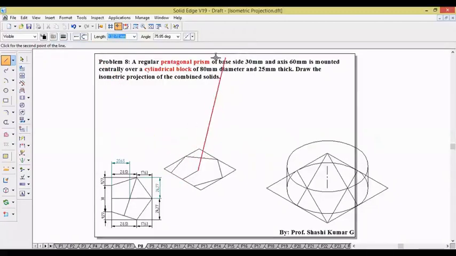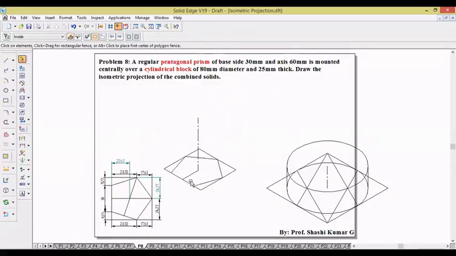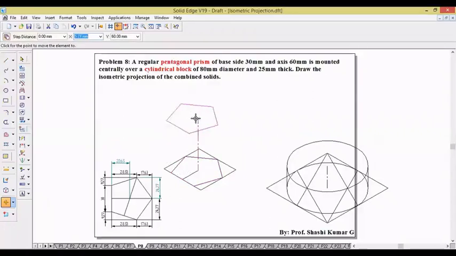The height of the pentagonal prism is 60 mm. So 60 mm at 90 degrees you need to take, and keep control. Select the bottom base of the pentagonal prism, go to move, switch on copy, take a reference of this endpoint and paste it on the top end.